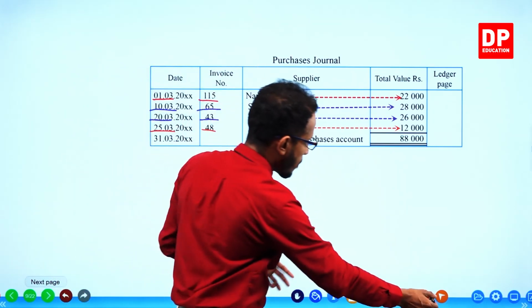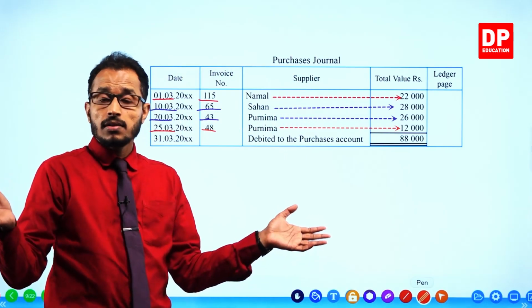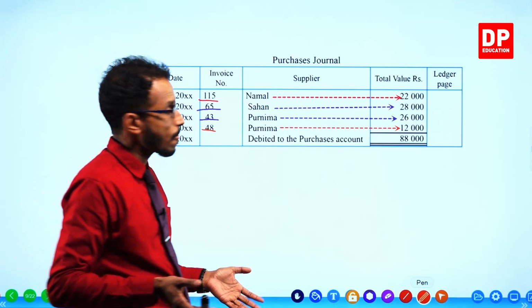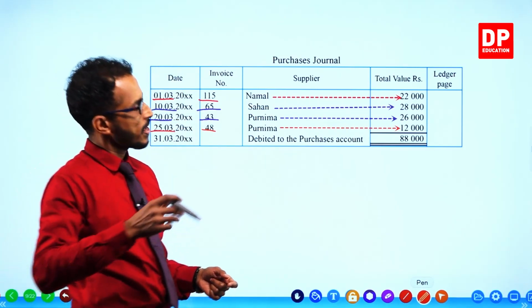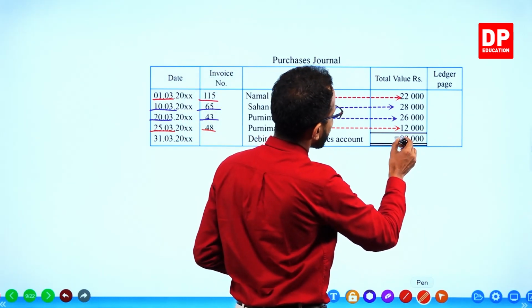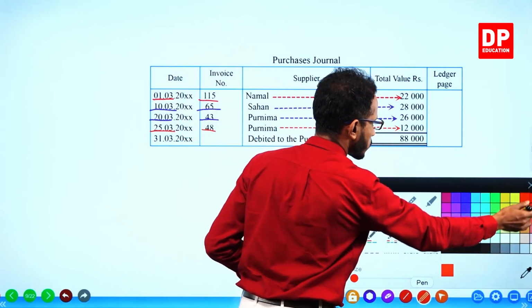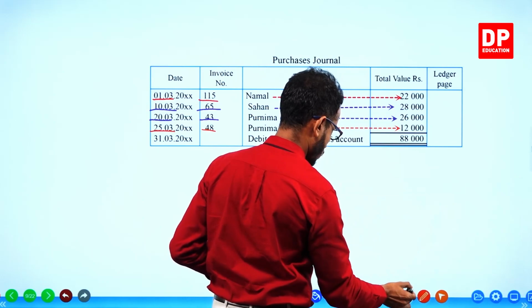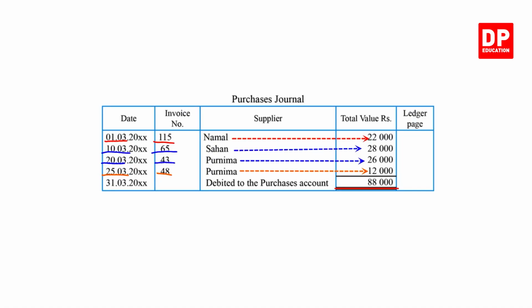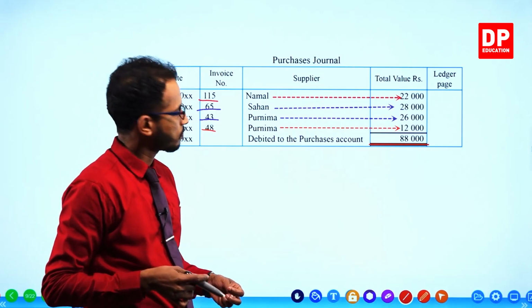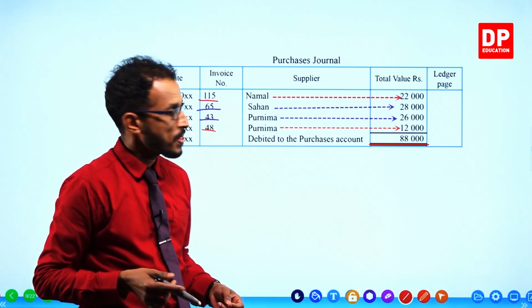At the end of the month, you total the prime books. You total all the prime books, not only the purchases book. And the total is 88,000.